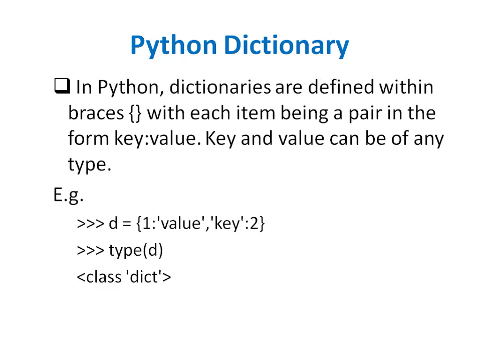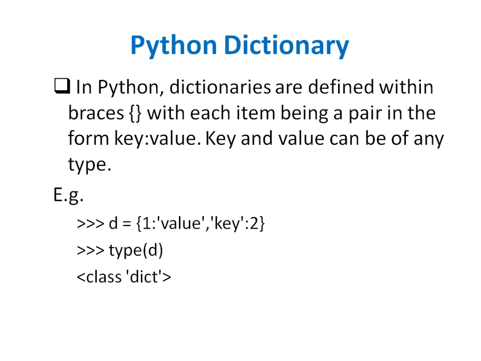In Python, dictionaries are defined within braces, similar to sets, with each item being a pair in the form key: value. Key and value can be of any type, but the only property which must be followed in a dictionary is that each key must have a value.